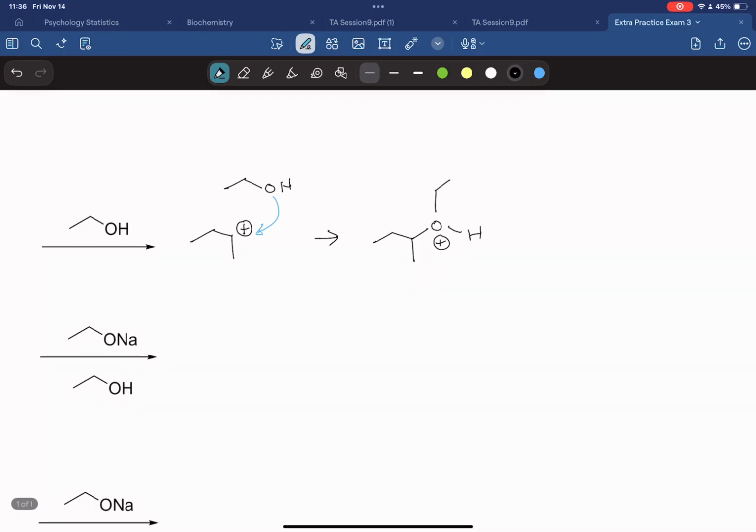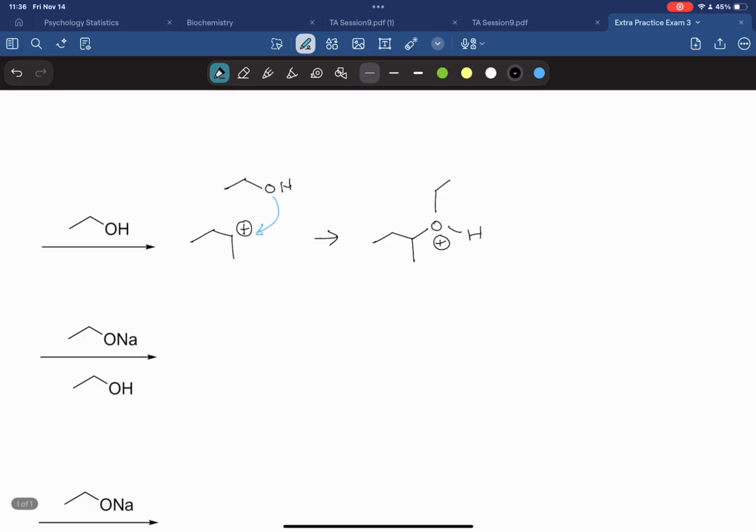Now that we've attached our nucleophile, we have to stabilize this. We have to get rid of this positive charge. What we can do is use our leaving group, which is fine to use on this exam, but I would rather use a solvent, because in this case the solvent is also the nucleophile.